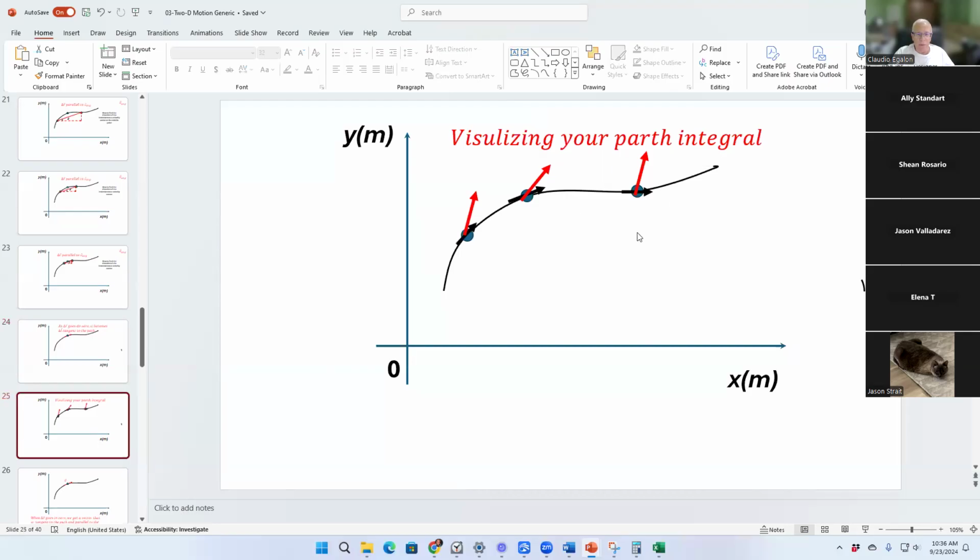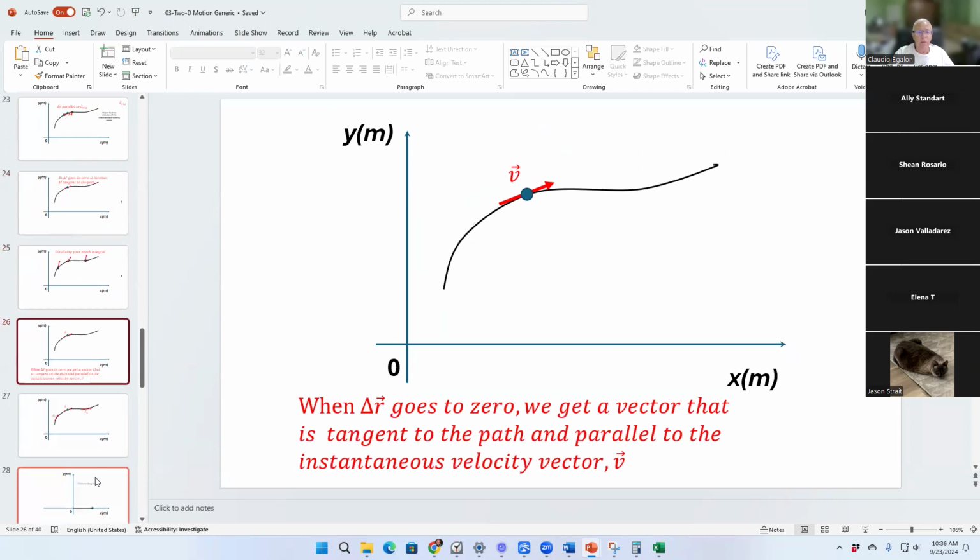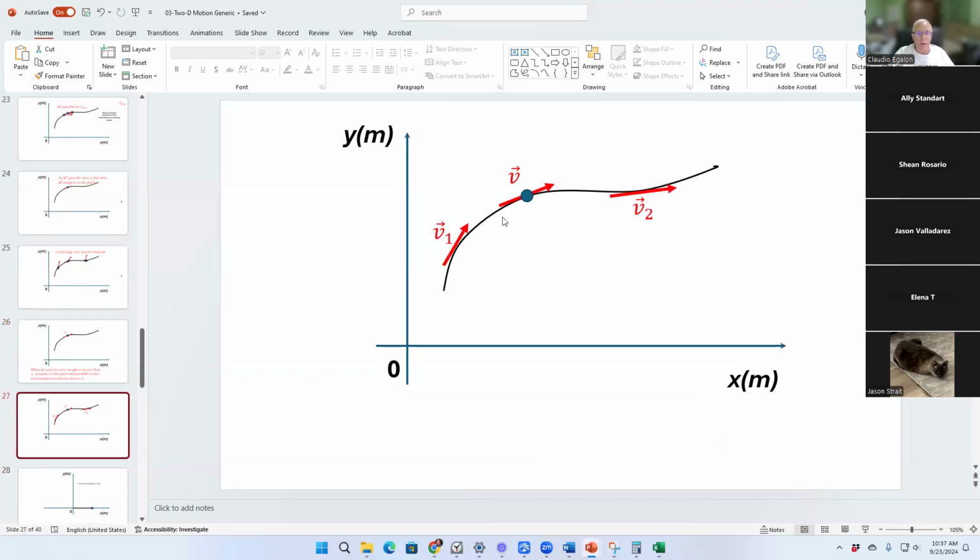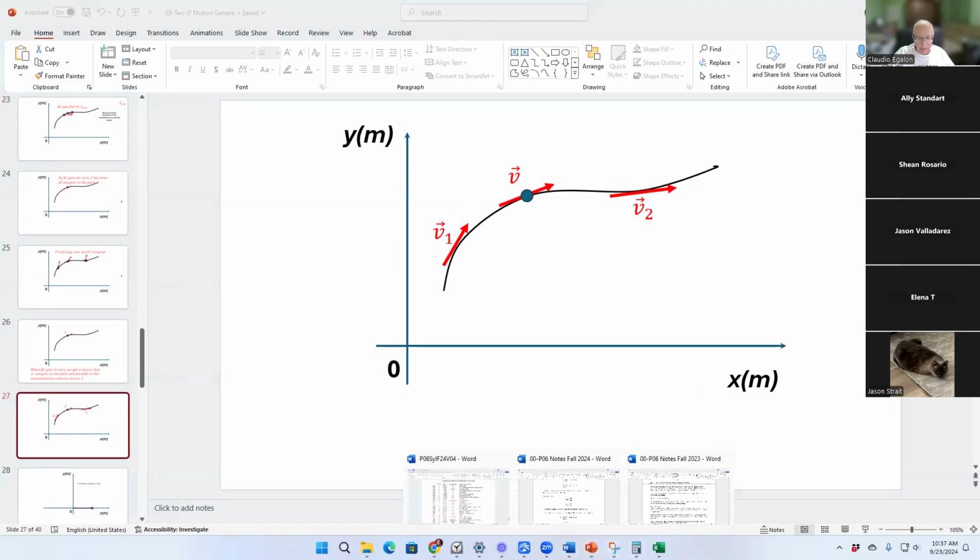Let's see what's going on here. The velocity vector at this point is going to be tangent here, as well as the delta r, as it goes to zero. Here is V1, here is V2, here is V. Can you remember that?